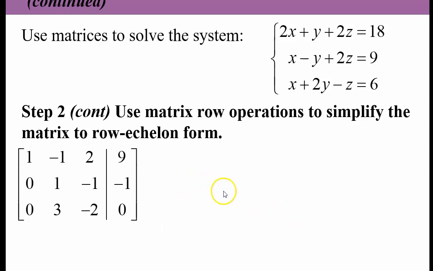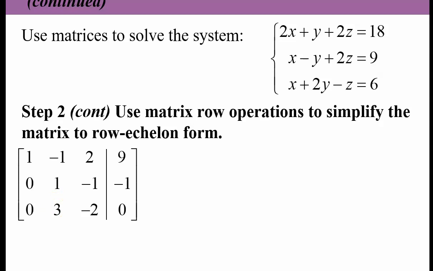Now, this is what we have. So we have a 1 in our first row, a 0 in the second row, first column. We now have a 1 in the second row, second column. We want to make this 3 a 0. So what are we going to do to this second row added to the third row to make it 0?